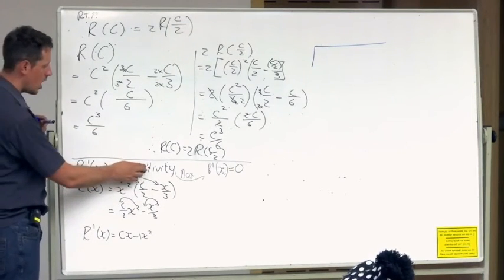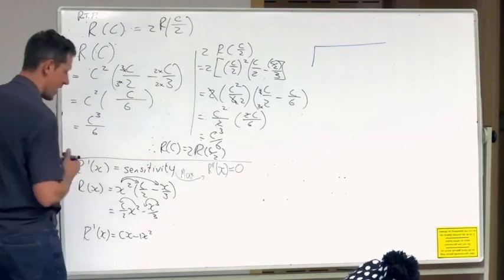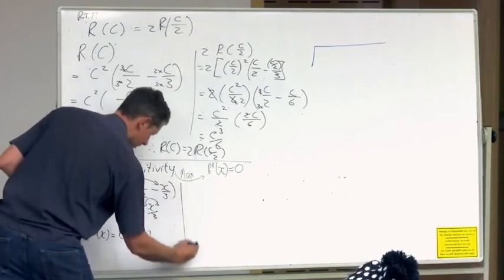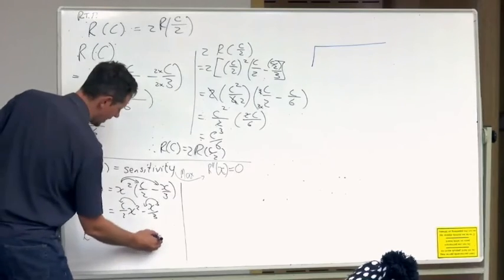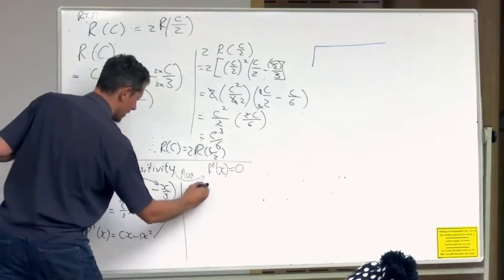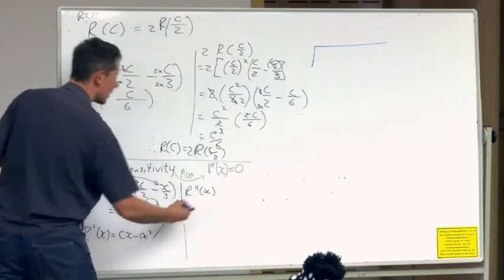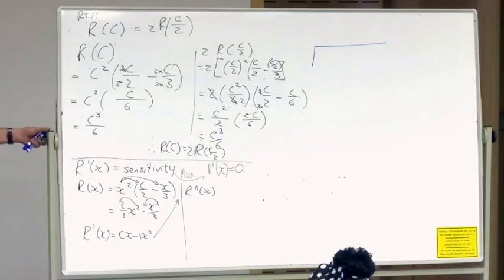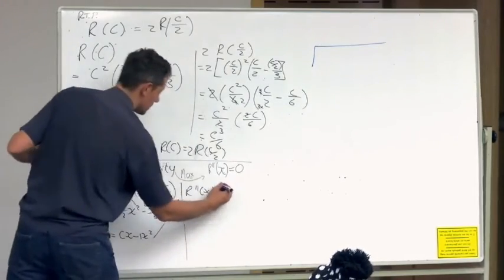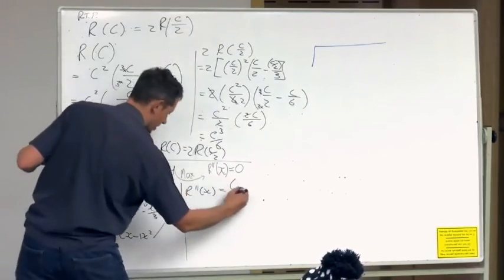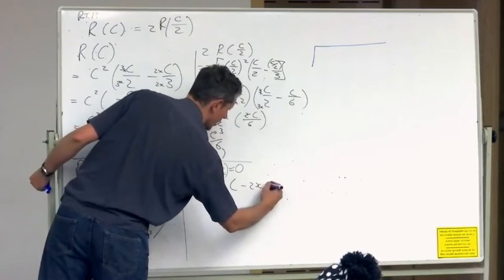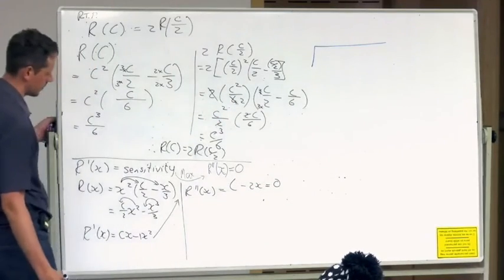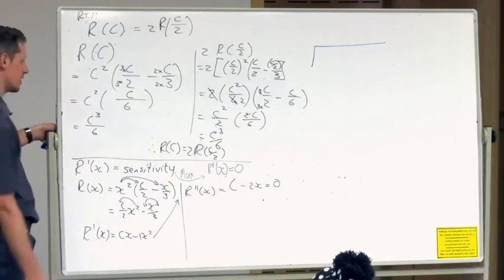So now I've got to go and differentiate this. If I differentiate this to get it to a maximum, it becomes R double accent of x. So this is just C minus 2x equal to naught, because it's at a maximum.